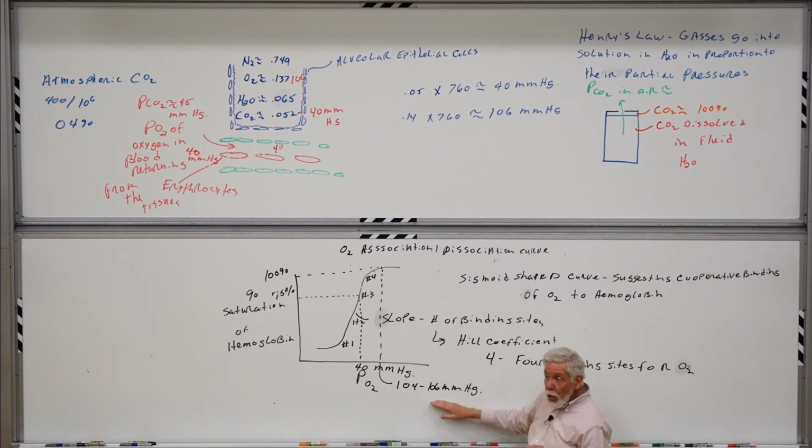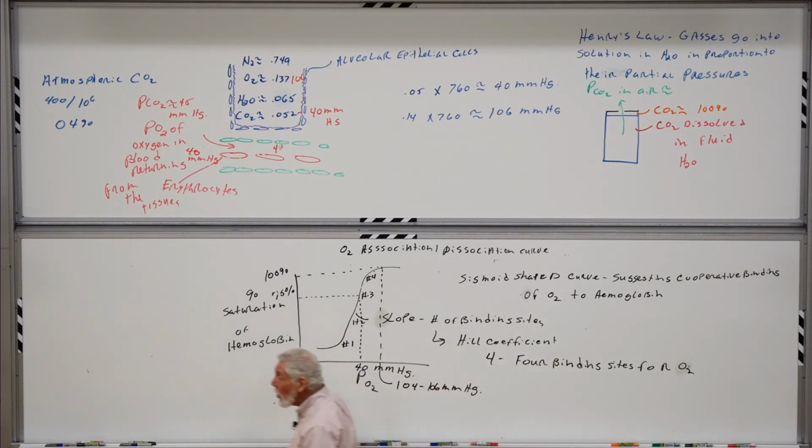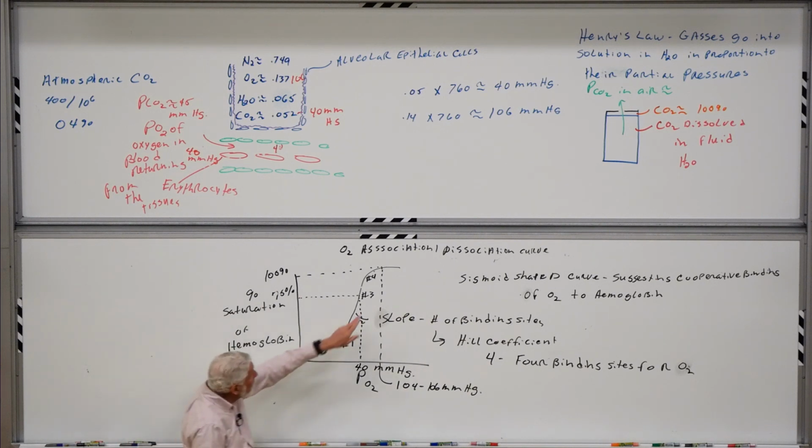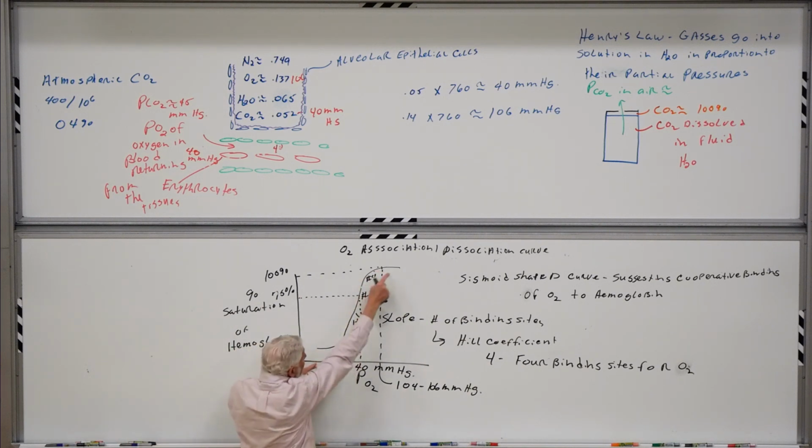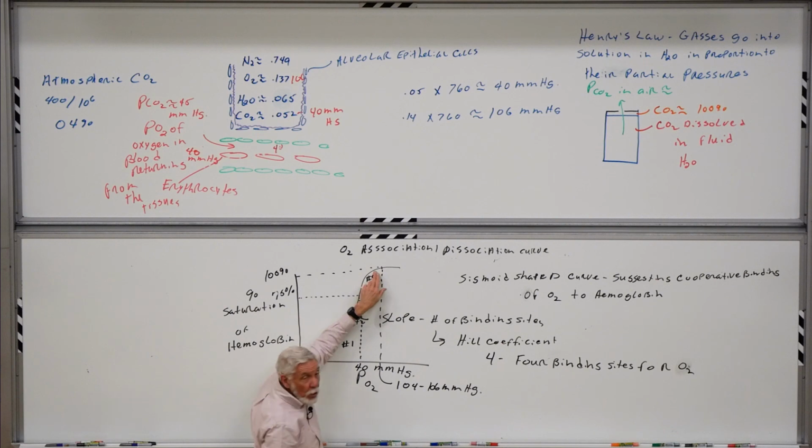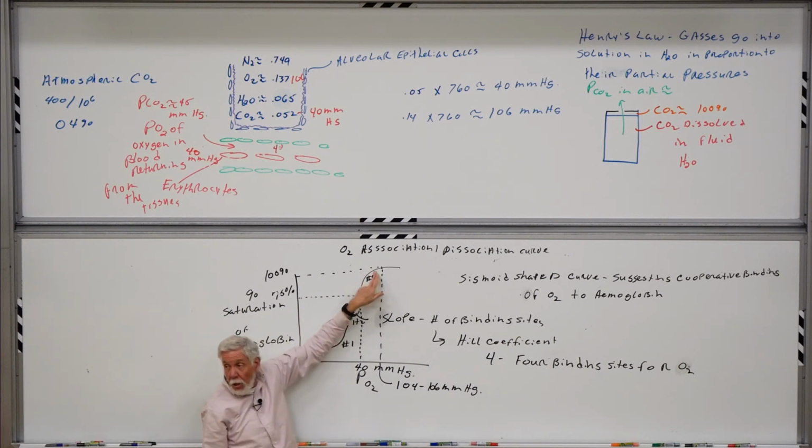So 104 to 106 millimeters of mercury is pretty much standard temperature and pressure at sea level. And even at our altitude here of about 630 millimeters of mercury, because of the sigmoid nature of this curve, we're just starting to come down off the edge of the curve. So in our atmosphere around here, most of us are probably running about 95% saturated.